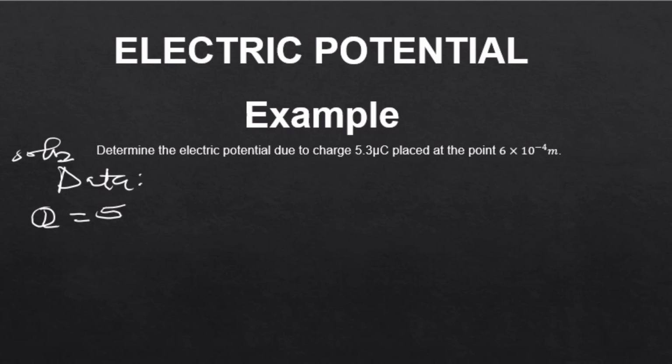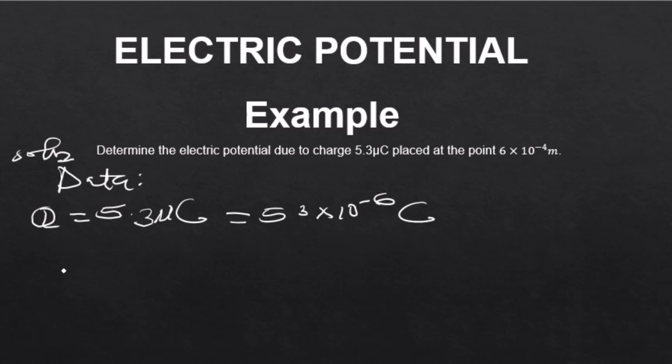First of all, we have a charge Q, which is 5.3 microcoulomb. For every 1 microcoulomb, we have 5.3 times 10 raised to the power of minus 6 coulomb.